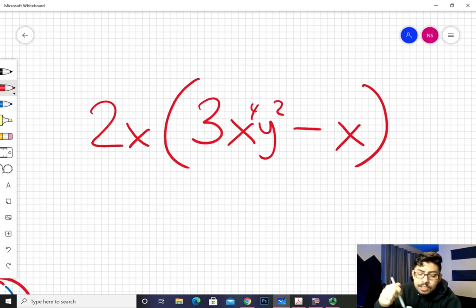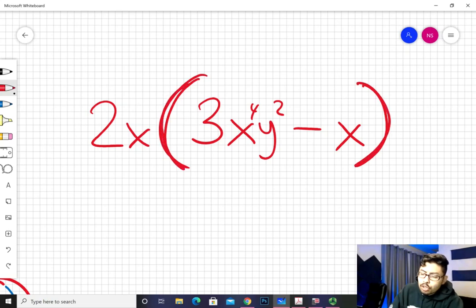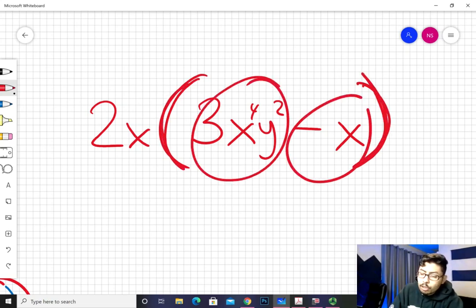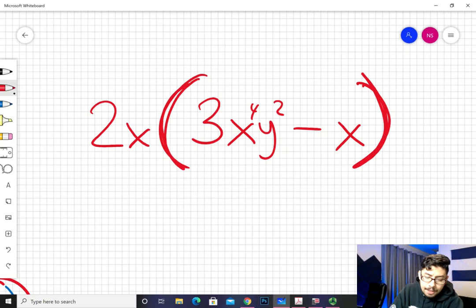But this one in particular, when you see two terms, two polynomials inside of parentheses, and outside of that you see a term with no operation separating it. When I say it's butted up, I mean it is butted up.